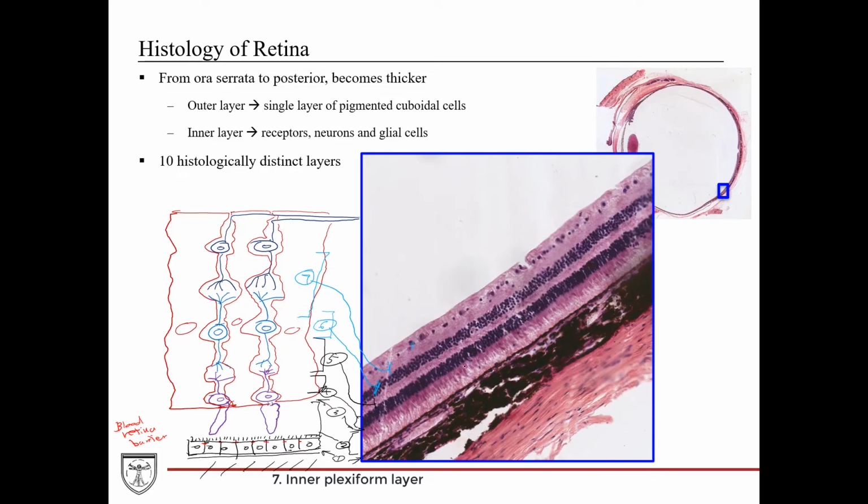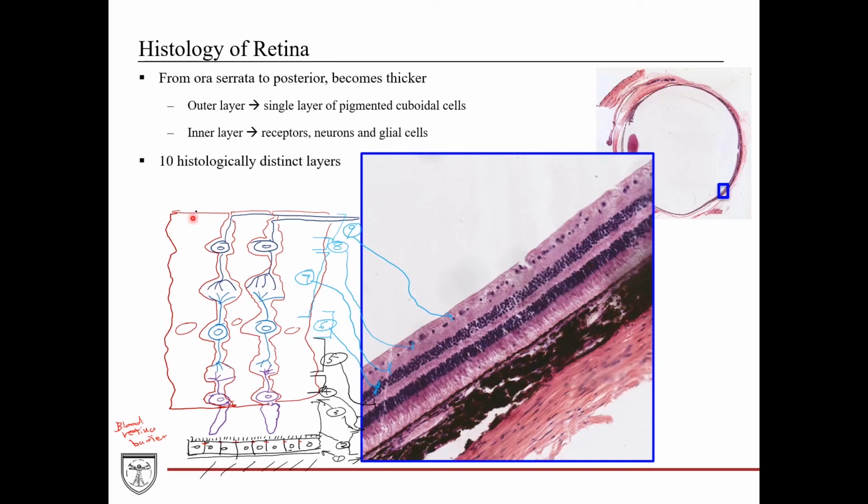Number 8 right there, corresponding to this layer in the diagram. So this is a nucleated layer again, and these nuclei belong to the ganglion cells. So this layer is known as the ganglion cell layer. Number 9 right here, another anucleate layer, corresponding to this layer in the diagram.